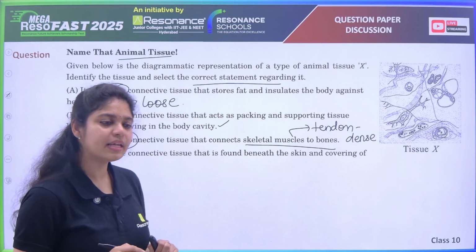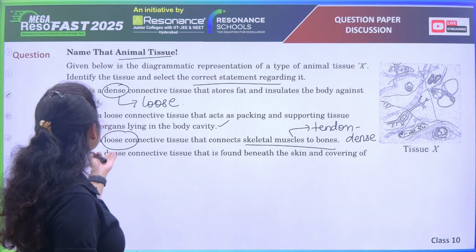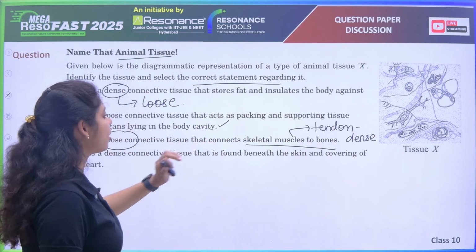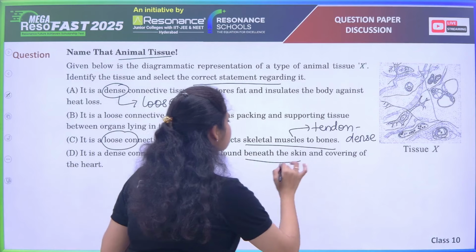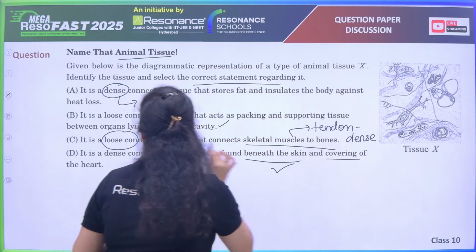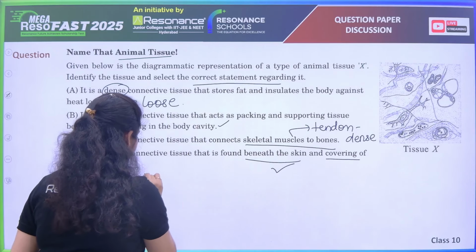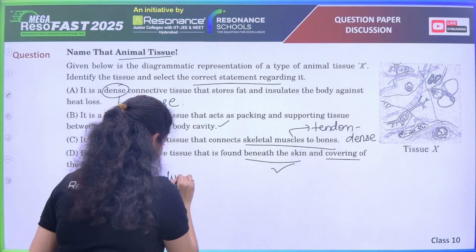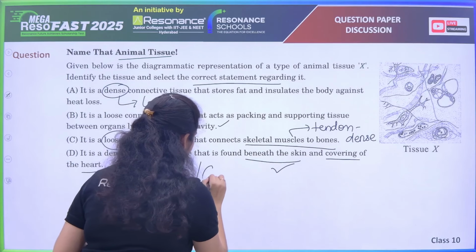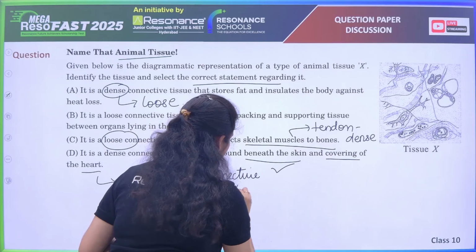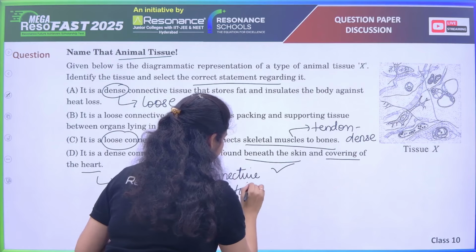Next, it is a dense connective tissue that is found beneath the skin and the covering of the heart. Beneath the skin would be right, but the covering of the heart has the epithelium as well as connective tissue.